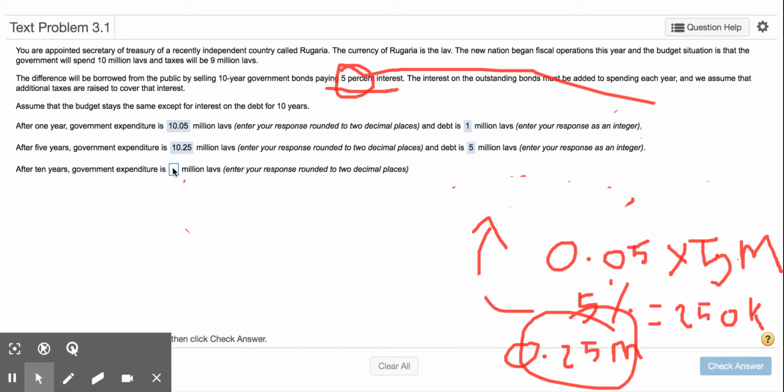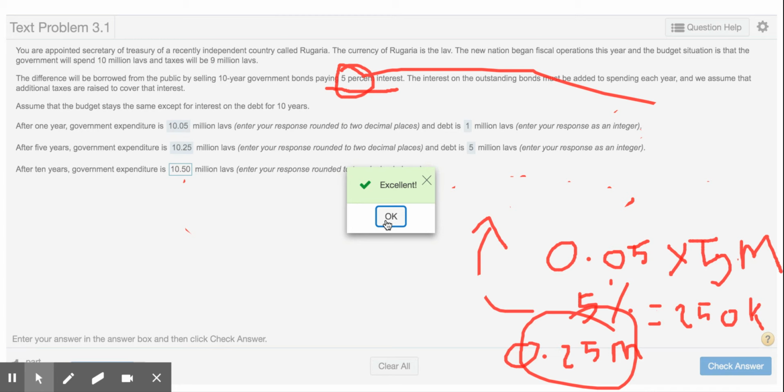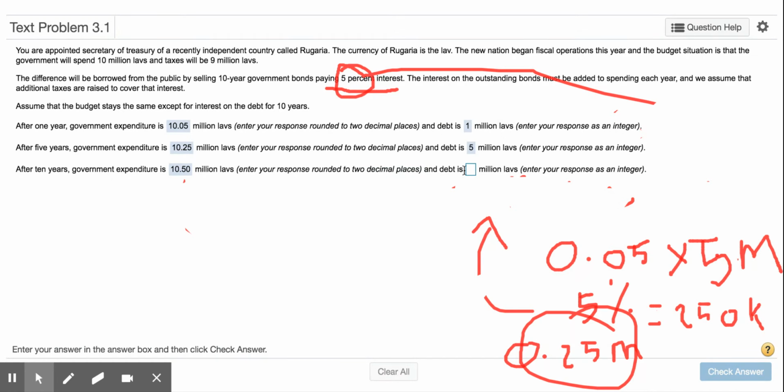So it's going to be 10 million plus 5% multiplied by 10 million. That would be 500,000. We can write it this way, 0.5. And the deficit would be 10 million.